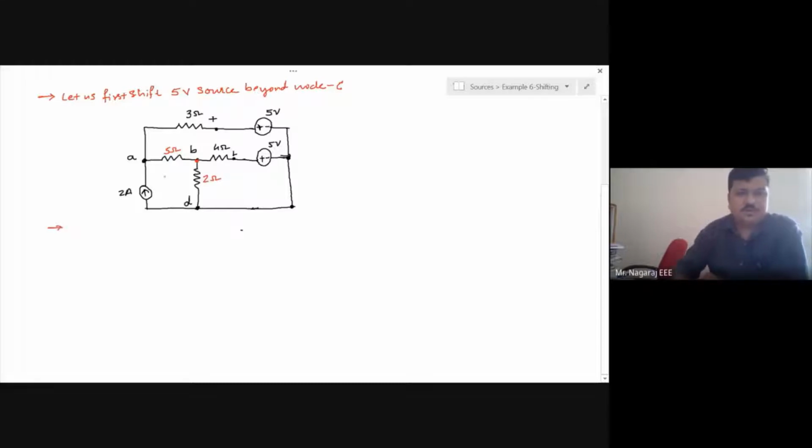So the next part is to shift the 2 ampere source across the 5 ohm and 2 ohm resistors.